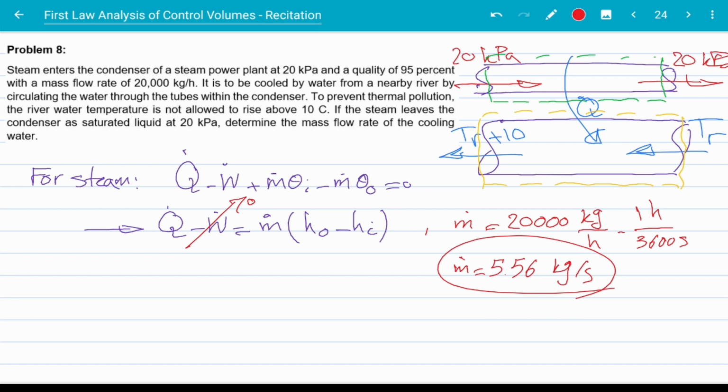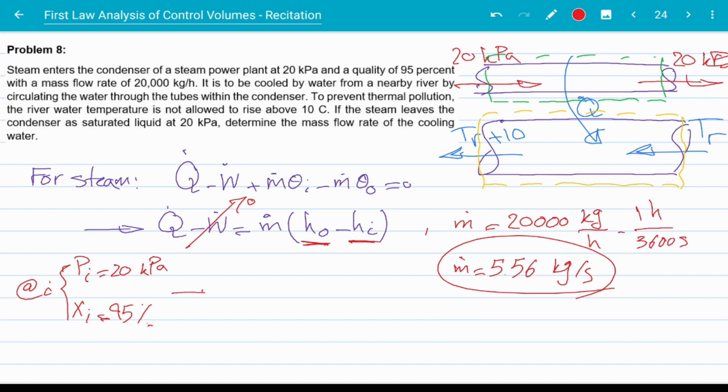Now I need to find the enthalpy at the entrance and the enthalpy at the exit. So let's start with the entrance. At the entrance, what do I know? I know that the pressure is 20 kilopascals. Quality is 95%. Now, quality at the entrance means that we are dealing with a saturated mixture.